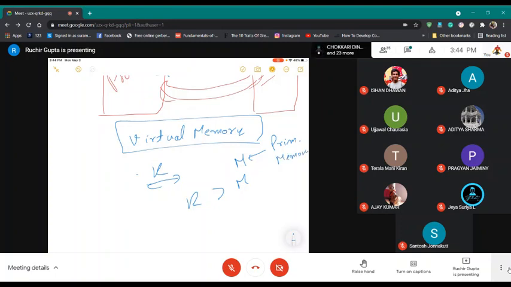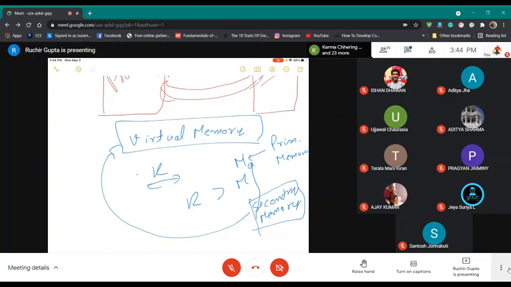If you have less primary memory than a processor can actually address, then you use a part of secondary memory as primary memory. This particular portion of memory, which is actually secondary but used as primary, is called virtual memory.